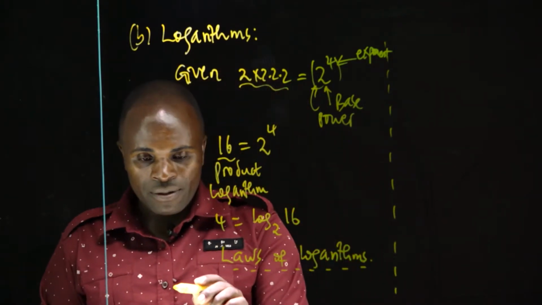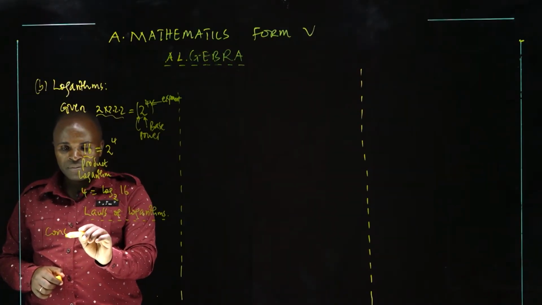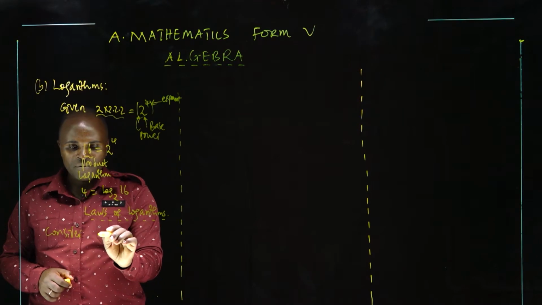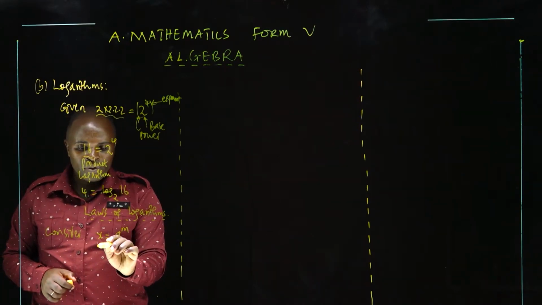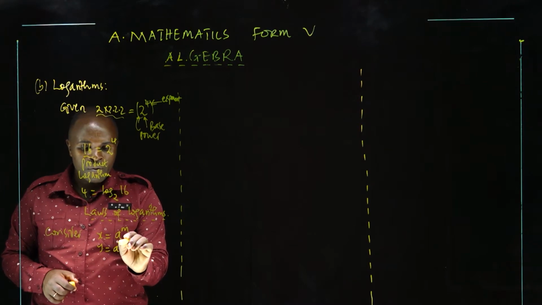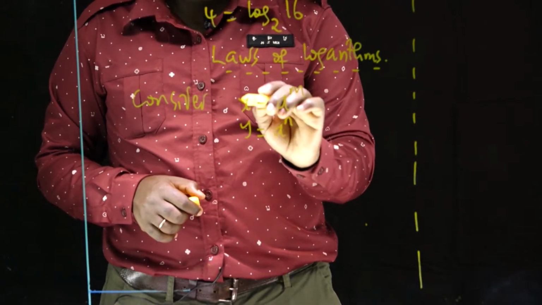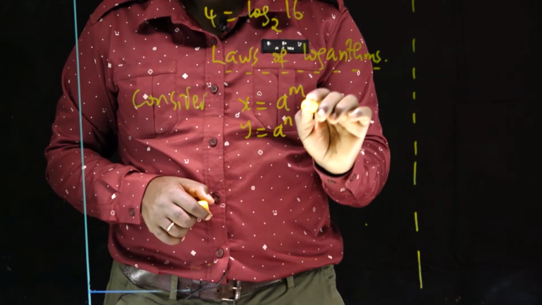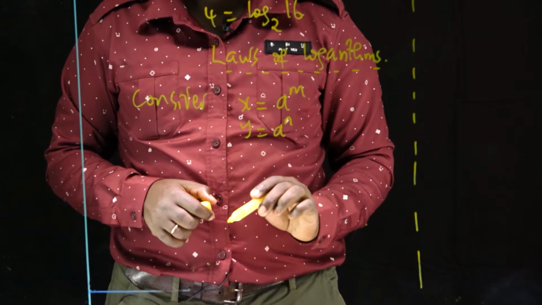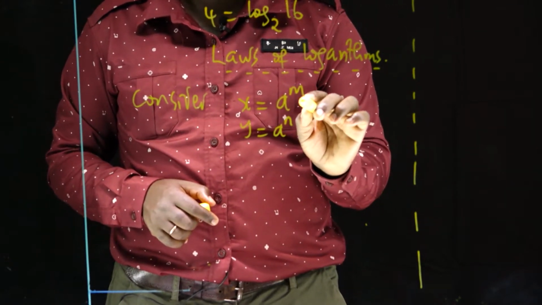Let us start with, consider one who has given you x equals a power m and y equals a power n. Suppose you write this in logarithmic form. Mind you, these are expressions in exponential form, so we want to make them logarithmic form.